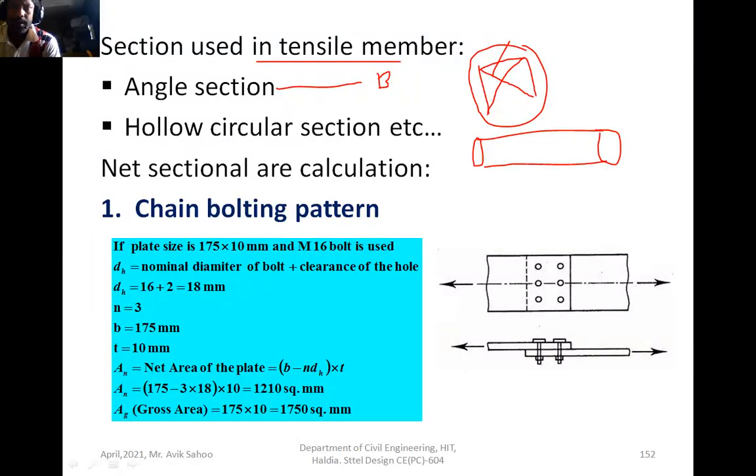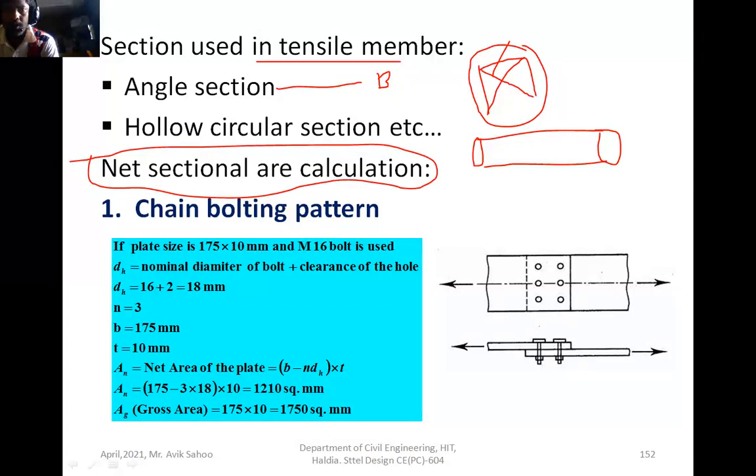To design the tensile member, you have to find out the net sectional area. Now I am going to discuss how the net area is calculated for different bolting connections. Why is the net area required?